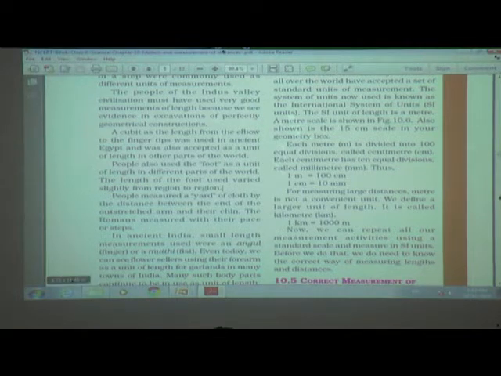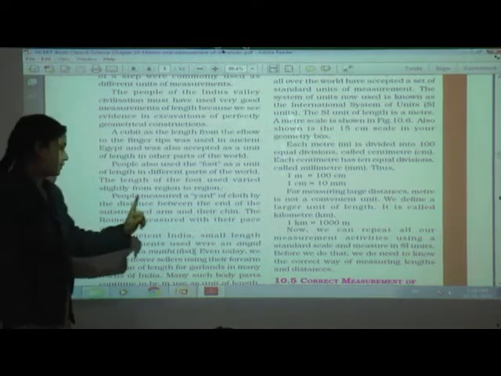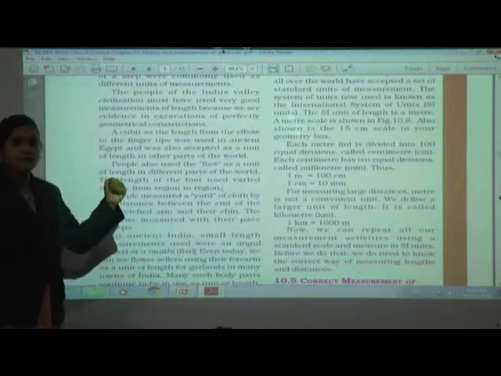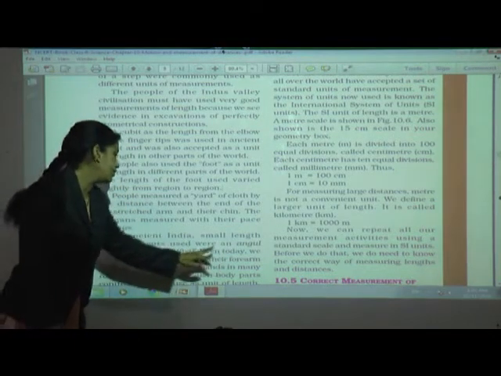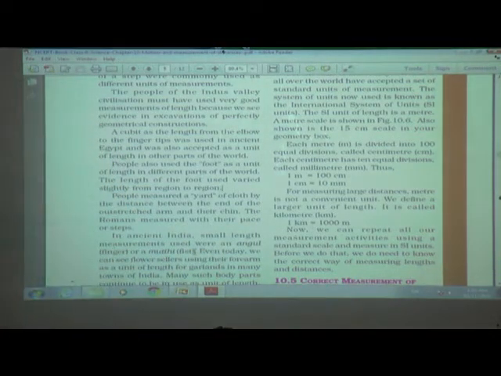In ancient India, small length measurements used were an angul. Angul means finger, or mutti. Mutti means fist. See, this one is angul and mutti means like this. Even today we can see flower sellers using their forearm as a unit of length for garlands in many towns of India. Even today also they use forearm.